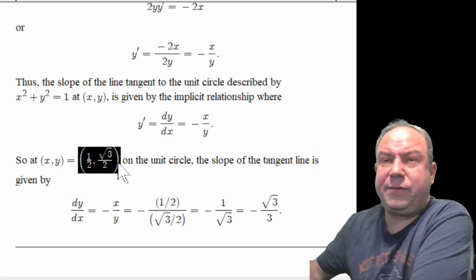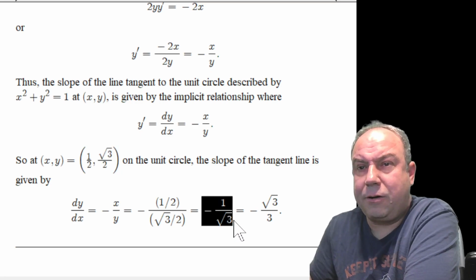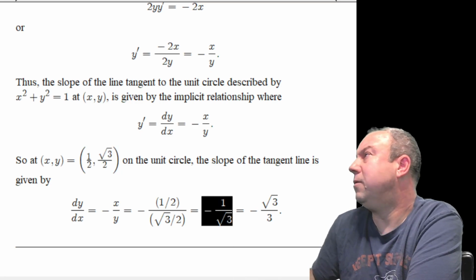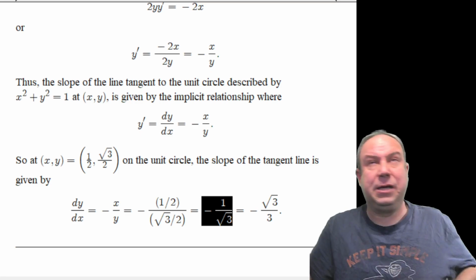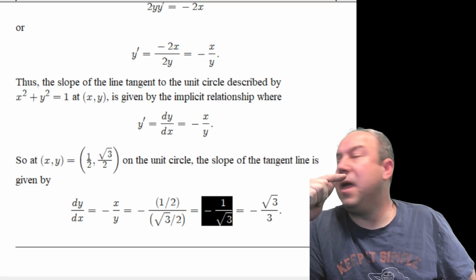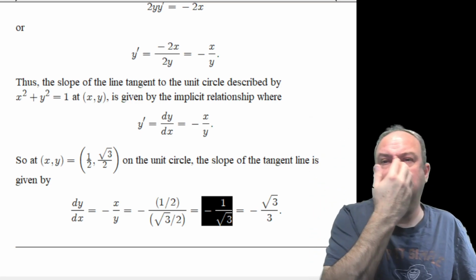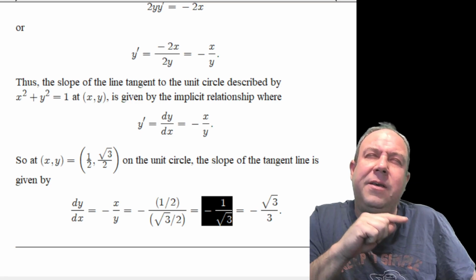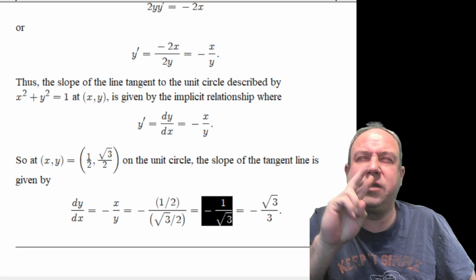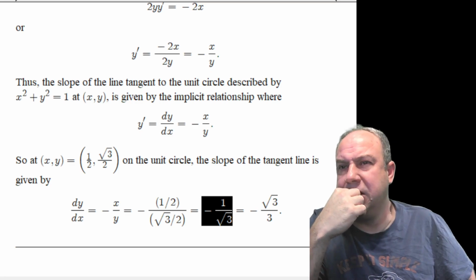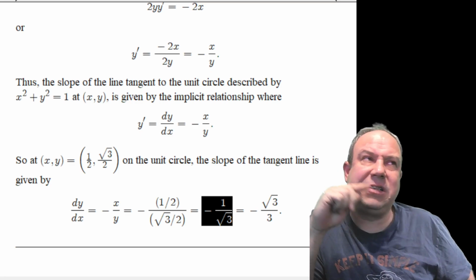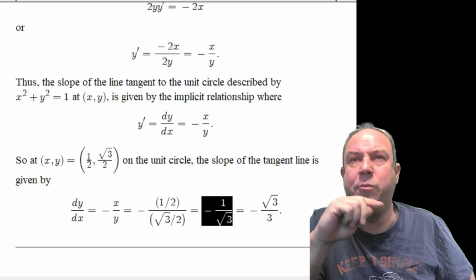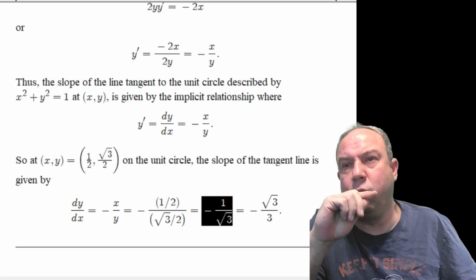It would be a negative slope where, if we interpret it here, right, it would drop 1 and run forward a little more than 1, because the square root of 3 is between 1 and 2. So it would have a slightly shallower slope than a slope of just negative 1.